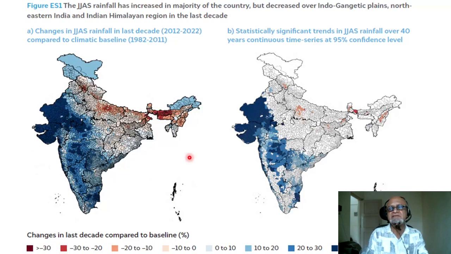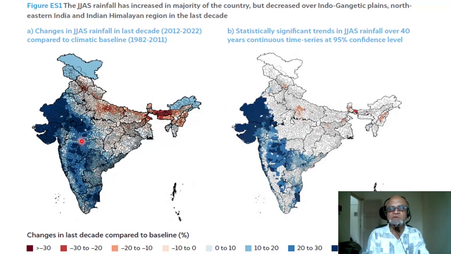But leaving that aside, you can see statistically significant trends in JJS rainfall over 40 years, a 40-year continuous time series. So the trend over the longer period, the entire study period 82 to 2022, looks different, but still this trend stands out.